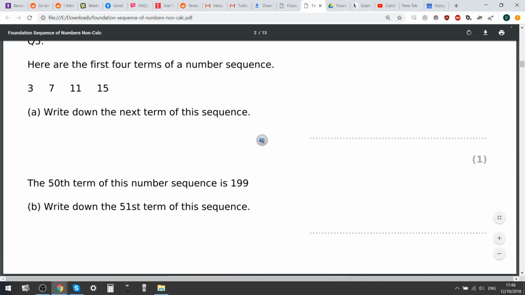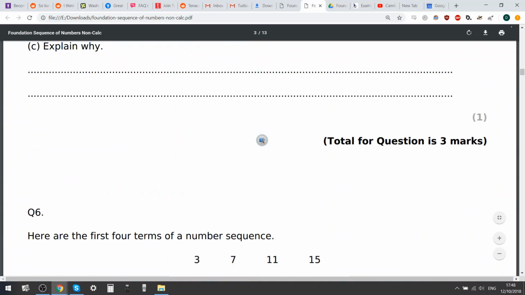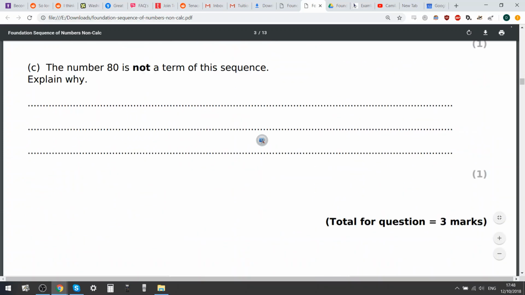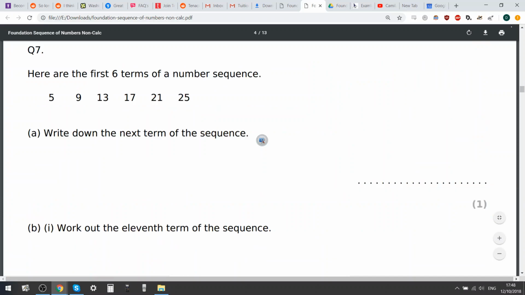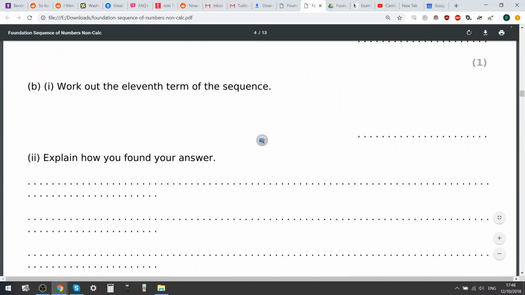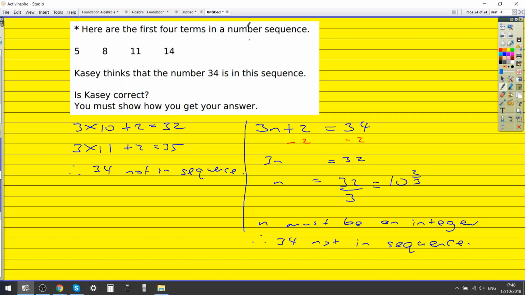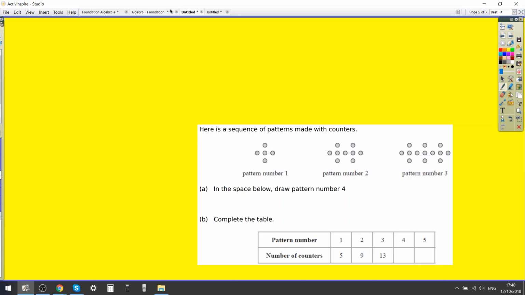Next number sequence. Oh, we did this one. Next number sequence, 8th term. Show number, we did it. Let me just see if I already have it. No, not that one.